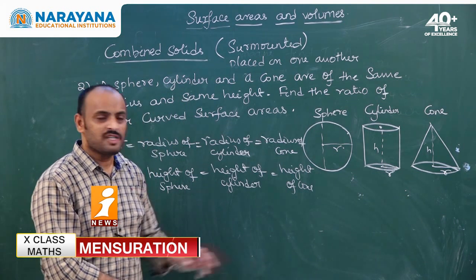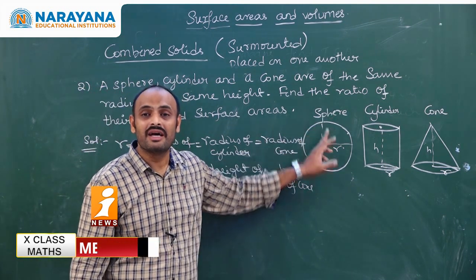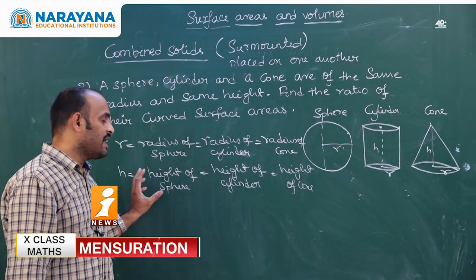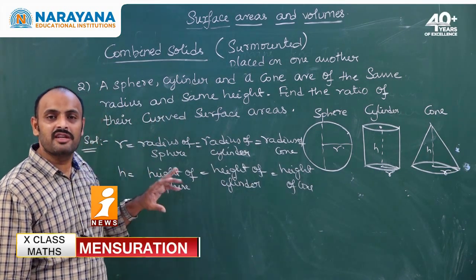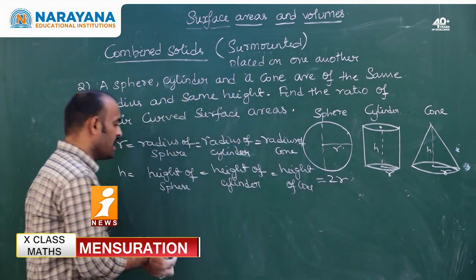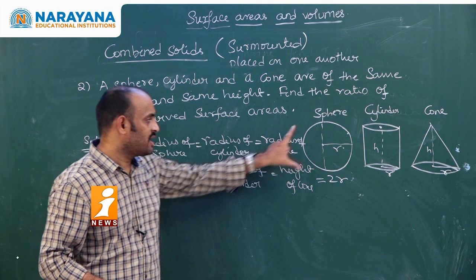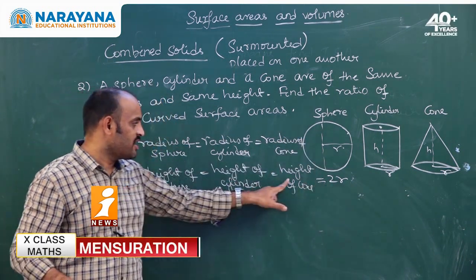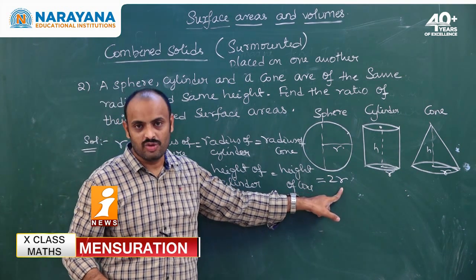Height of the sphere is nothing but diameter. So I will write diameter in terms of radius. Diameter is nothing but 2 times radius. Therefore, height of the sphere is nothing but diameter, which is 2r. As all the heights are same, each height is nothing but 2r.